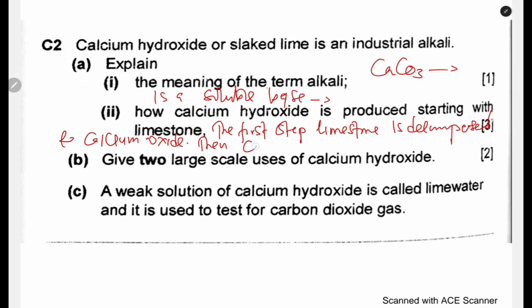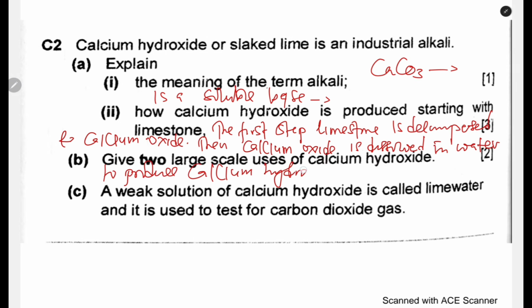Then calcium oxide is dissolved in water to produce calcium hydroxide. So that is how it is produced from limestone.